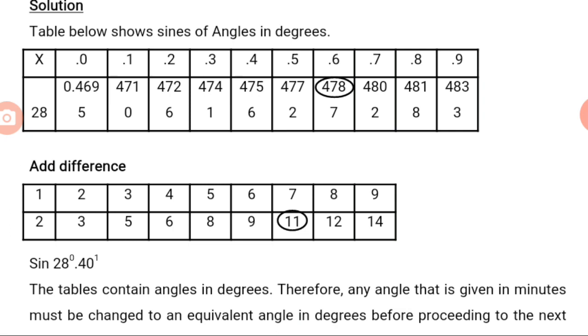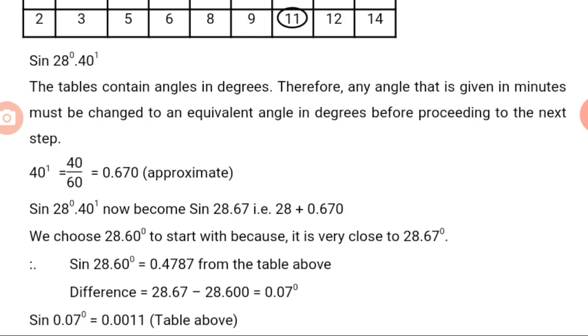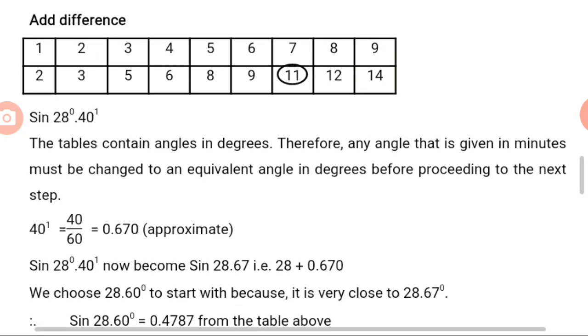That is 28 under 6, because it's 28.60. So it will be 28 degrees under 6. 28 degrees under 6 will give us 0.4787 from the table.